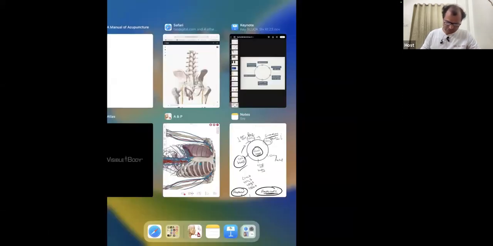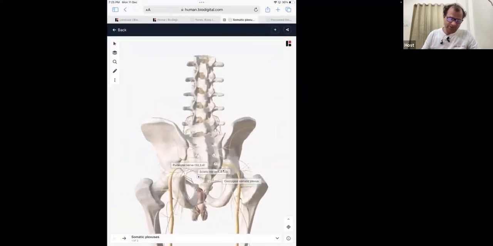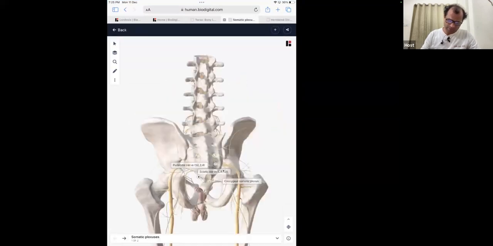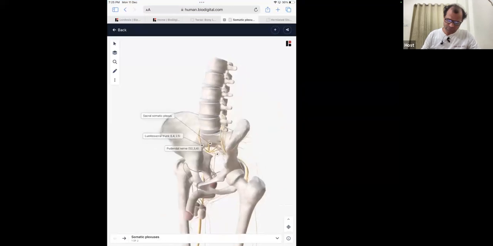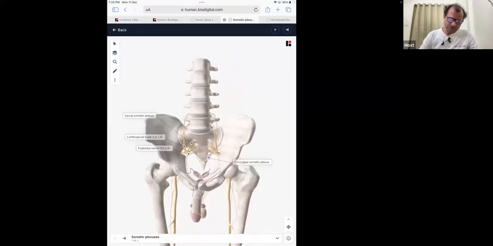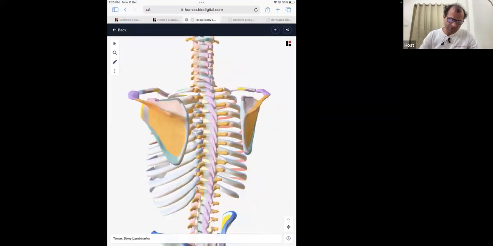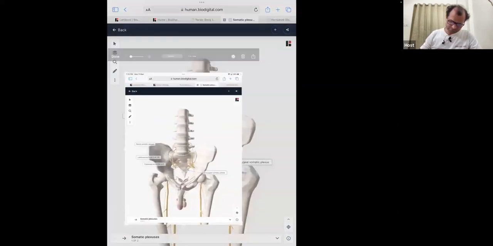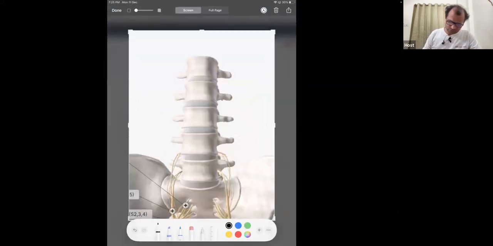Yesterday we have discussed this condition. कल हमने इसके बारे में बात की थी कि जब ऐसी कंडीशन होगी तो क्या होगा, what will happen in this. The disc space will be reducing, disc space कम हो जाएगा, right, between the vertebrae. This space will be reducing.